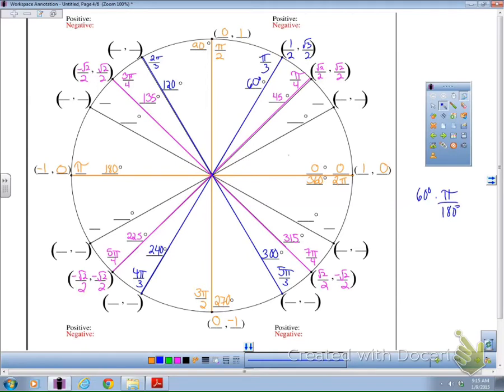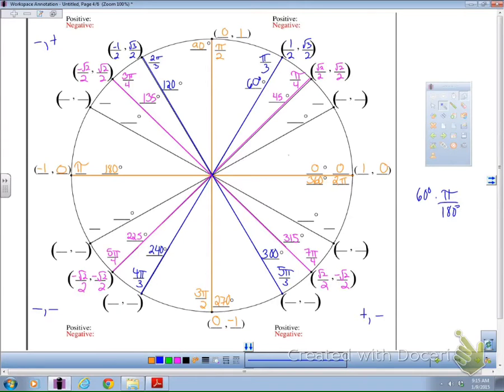Okay. All right, now that we have those, how do we get the other family points? Well, this is positive, positive. Quadrant 2 is negative, positive. Quadrant 3 is negative, negative. And quadrant 4 is positive, negative. So, negative 1/2 in quadrant 2, positive square root of 3 over 2.